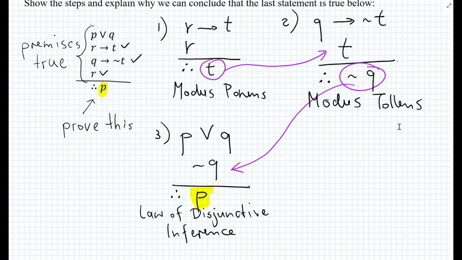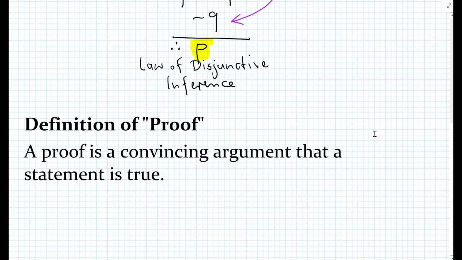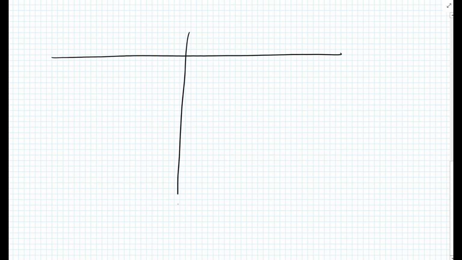Now, it turns out that for the most part, proofs are not done this way, but are done using something called a statement reason table. So let me introduce what that is. A statement reason table is basically a table where you can organize all your steps that we just did. So let me draw a table here like this.